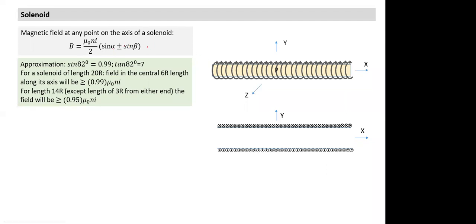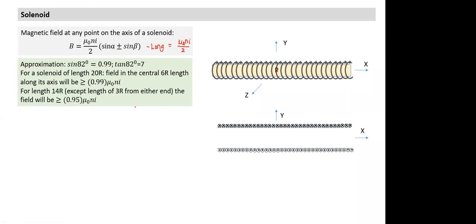What is the value of the field if it is a long solenoid, and we are calculating the field somewhere near the central region? What is the alpha value and what is the beta value? Shami, can you tell me, for a long solenoid, what are alpha and beta? 90. So in that case, for a long solenoid, we have seen this formula, it comes equal to mu naught Ni by 2.